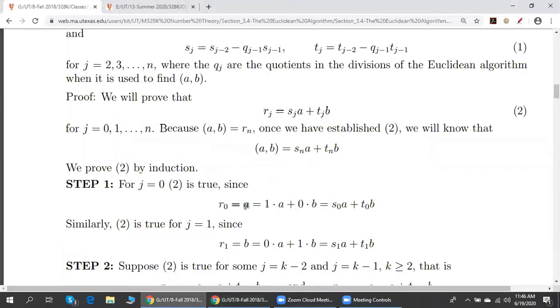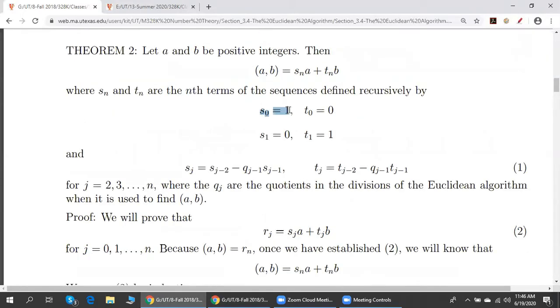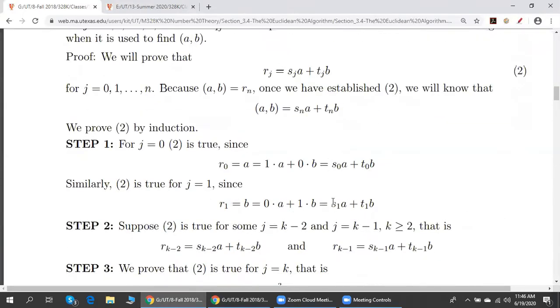Note that A can be rewritten as 1 times A, which is A, plus 0 times B, which is 0. Lastly, note that 1, according to what is written here, is equal to S0.